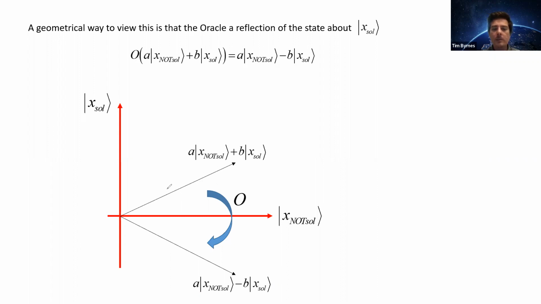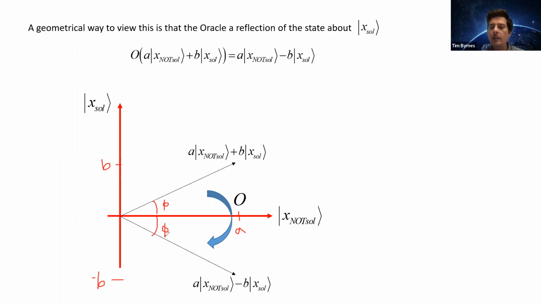We know it's definitely a reflection because the coordinate here is a, the coordinate here is b, and the coordinate here is minus b. The coordinate here is still a, of course. So obviously it's a reflection, and this angle here is the same angle.